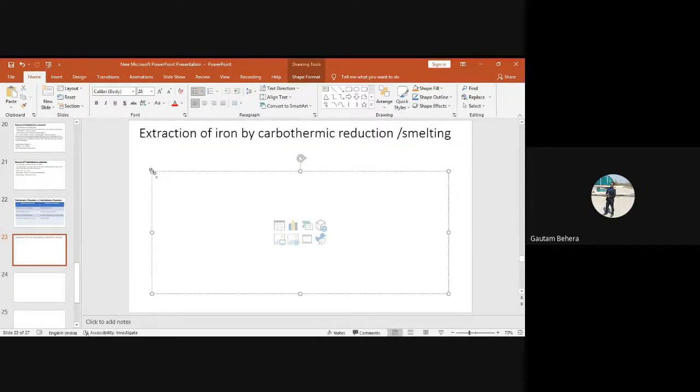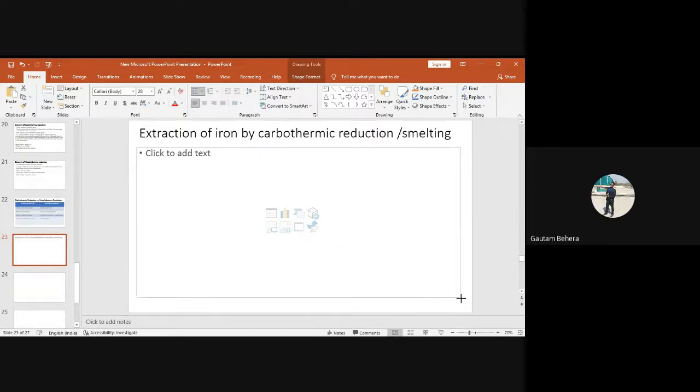Since we want to produce iron and carbon will be acting as a reducing agent, the ore of iron is hematite, Fe2O3, plus we need a flux.